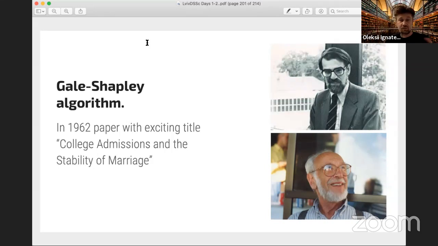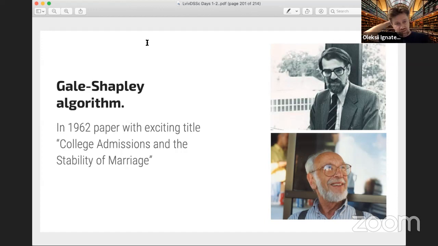Then you need to match students and projects in the best possible way automatically, so that each student gets the best possible matching in this situation.